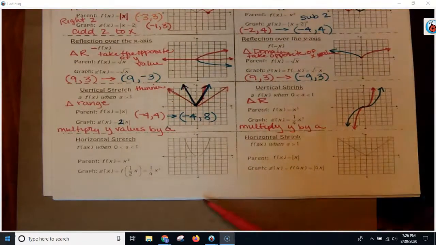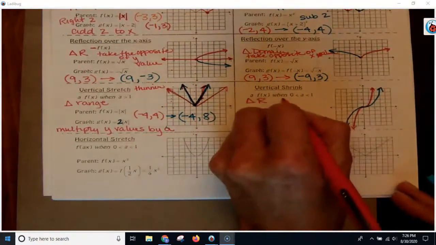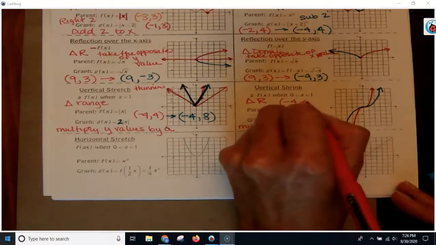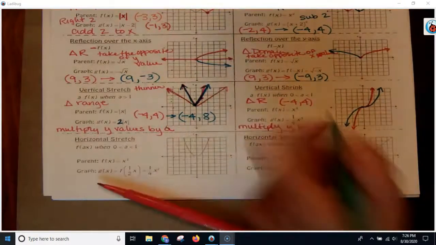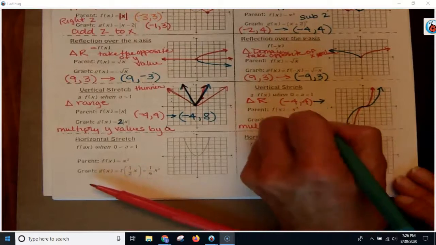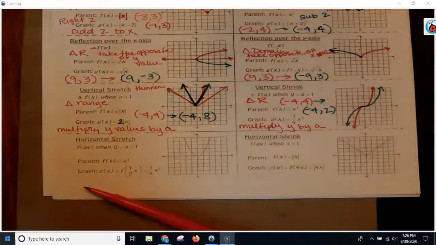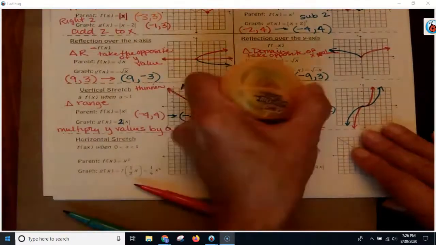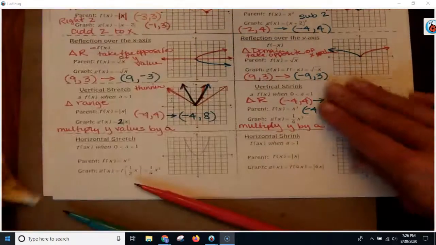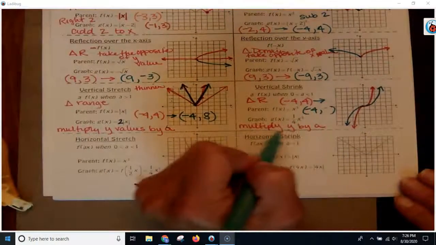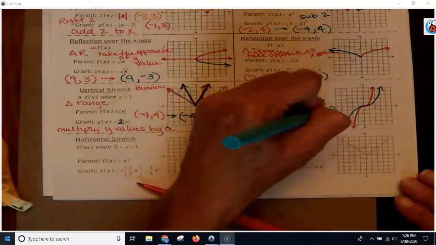So here we do the exact same thing. If we use that same example, negative 4, 4, our graph would move to negative 4, 2, because, oh, I'm sorry, to 1. I'm thinking 1/2. It's 1/4. 4 times 1/4 is 1.